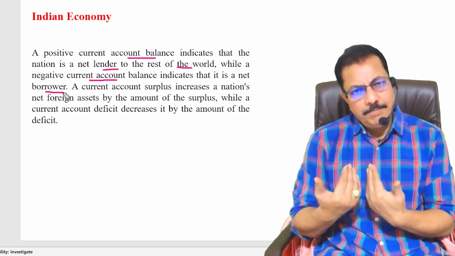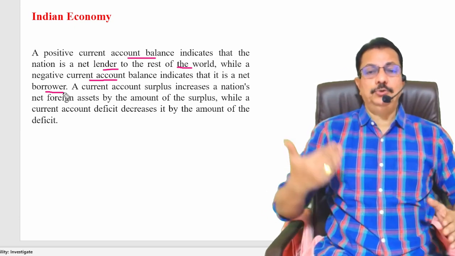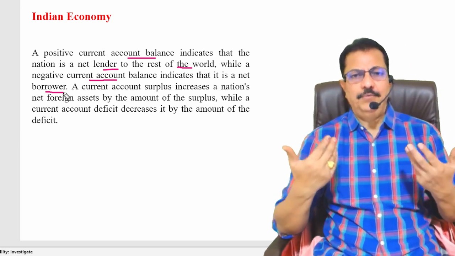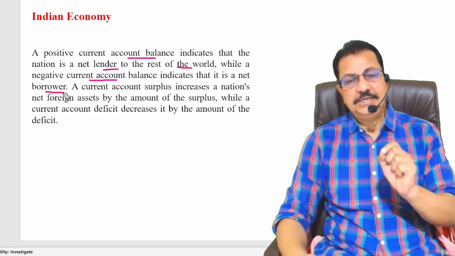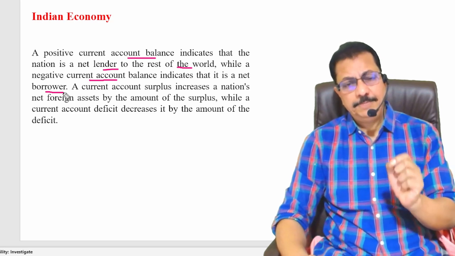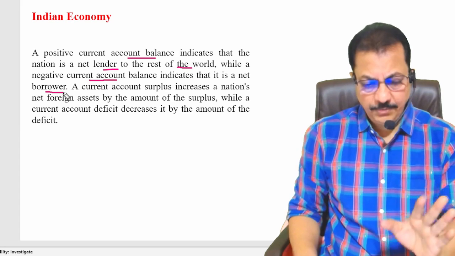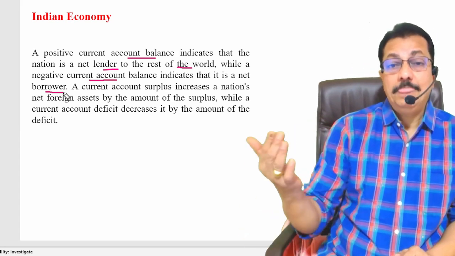When we don't have the money. When we have surplus, we are in a capacity to lend. Is that okay? But when we are in deficit, we ask money from others. In a similar manner, a positive current account balance means we are in a position to lend to other countries. But when it comes to a negative current account, we become the borrowers.